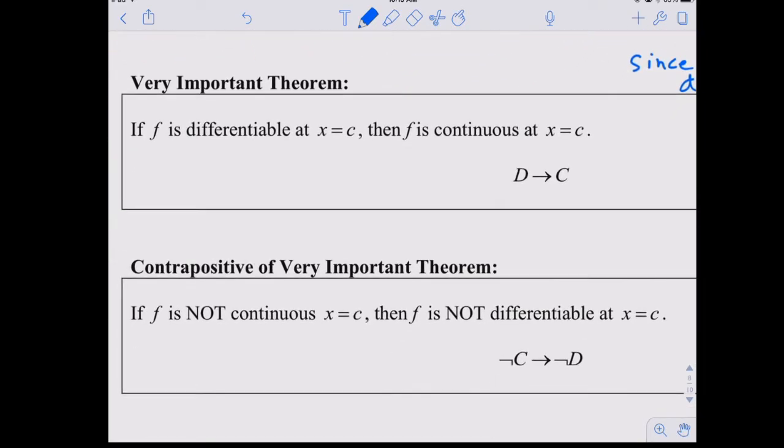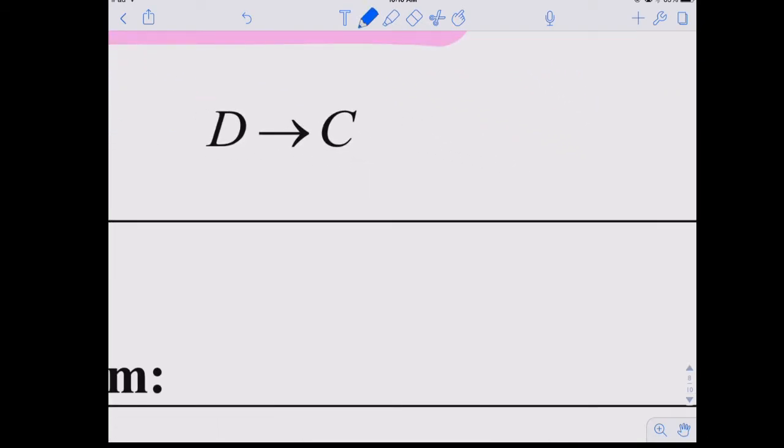So that brings us to this theorem, VIT, the very important theorem. Here's what it says. If f is differentiable at x equals c, then it's continuous there as well. If a function is differentiable at a point, then it's continuous at that point. We can summarize that with this: D implies C. That's what the arrow means, implies.